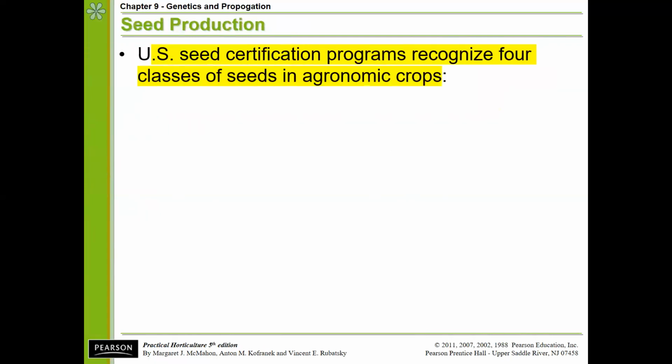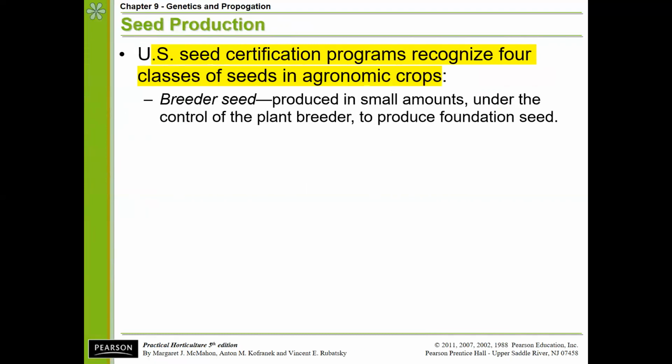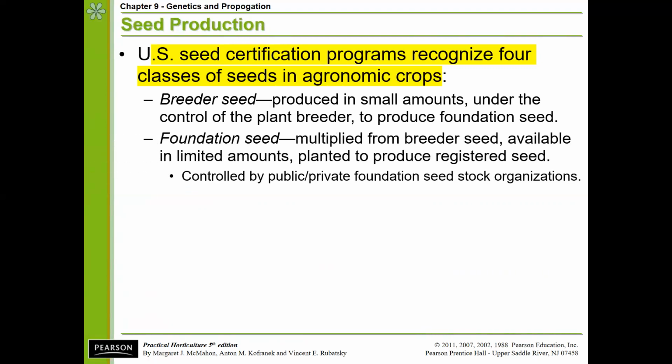In the U.S., we have seed certification programs for 4 classes in our agronomic, our commodified crops. We have breeder seed that is controlled by the breeder itself, and those are really small amounts used just for breeding purposes.